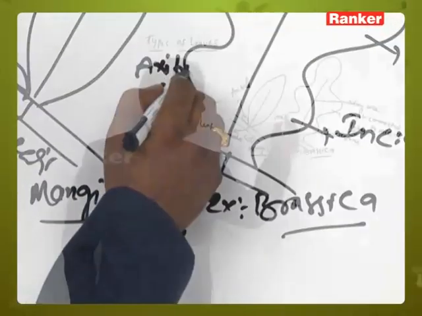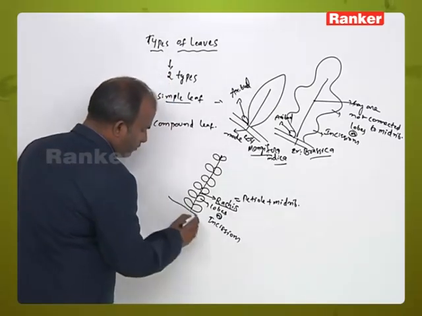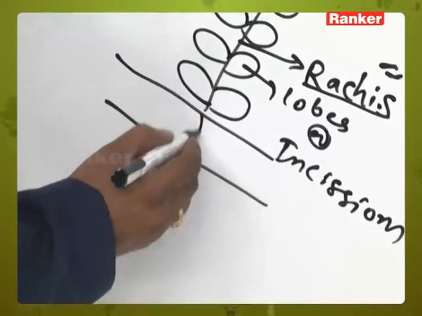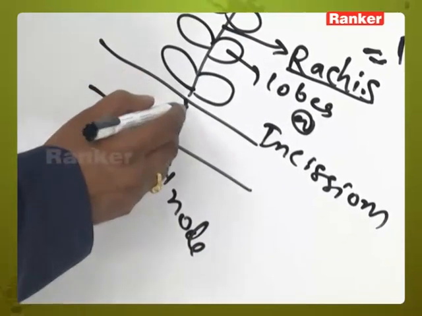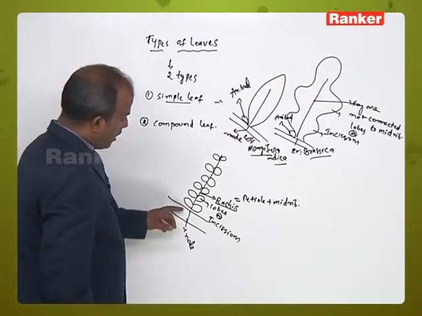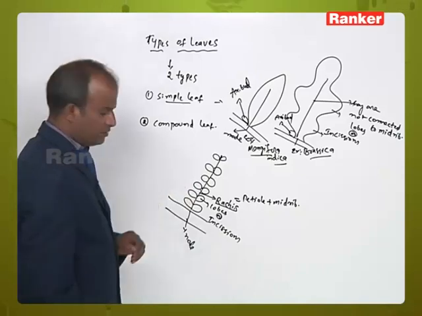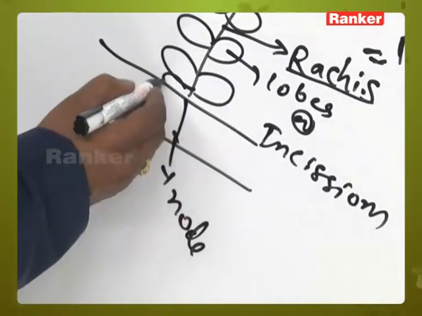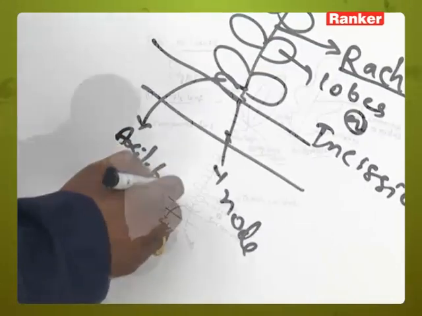The axil of the compound leaf also shows an axillary bud. What is meant by axil? The upper angle between the node and the leaf is called the axil.